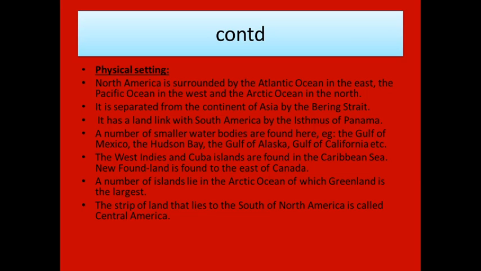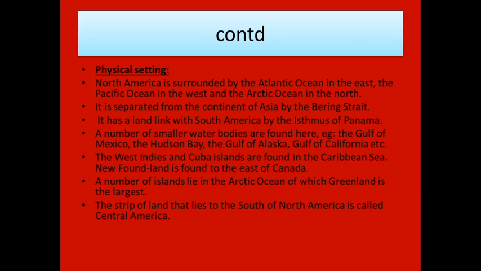It had a land link with South America by the Isthmus of Panama. A number of small water bodies are found here. Example, the Gulf of Mexico, the Hudson Bay, the Gulf of Alaska, Gulf of California, etc.